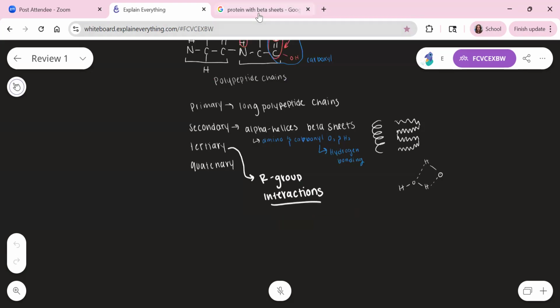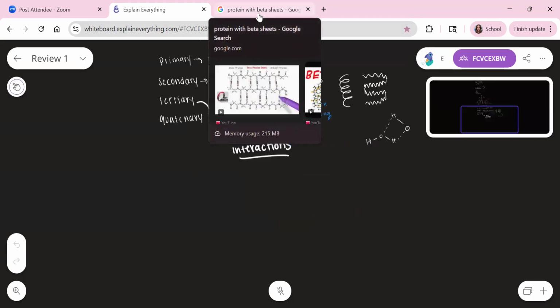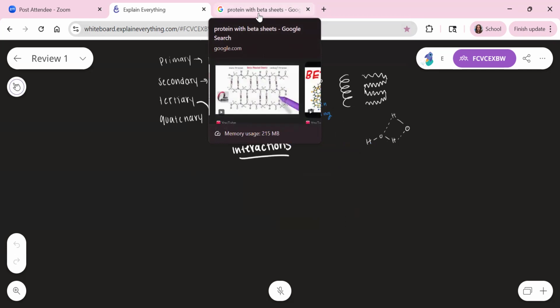A good example of this would be, you guys learned about your sulfhydryl group, which kind of looks like this. The amino acid that has this sulfur group is called cysteine.